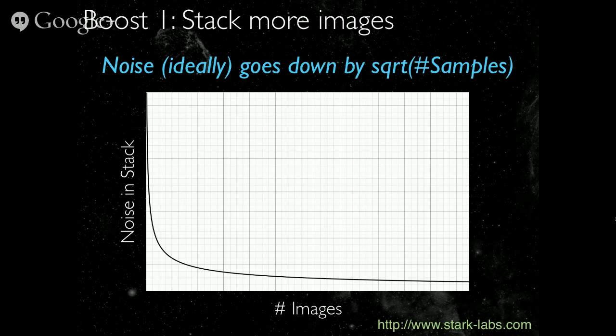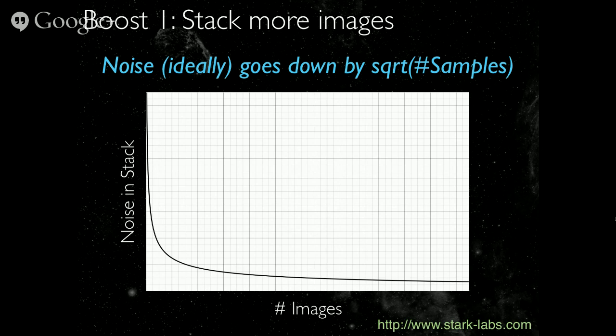So in the very beginning with just one, yeah, you got a whole bunch of noise in there. As you add another one, it's root 2 that. You keep going and keep going, and what you can see then is that this flattens out. This is why some people give recommendations of things like, don't bother taking more than 20 images or 30 images or 40 images.